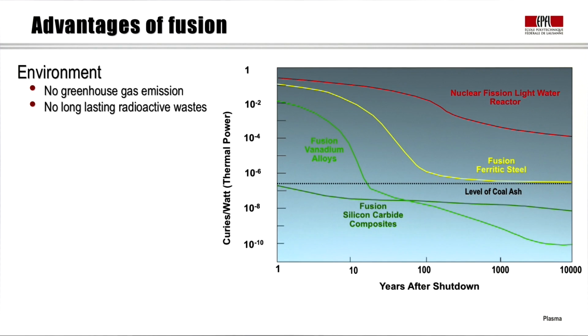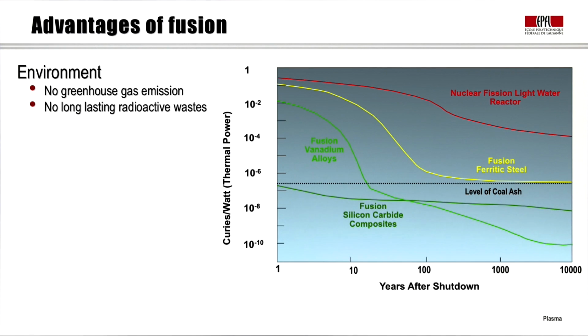In terms of the environmental impact, first of all, there's no greenhouse gas emission from fusion. There are no waste products, because the byproduct of the reaction is simply helium. There is no long-lasting radioactive waste. Even the activation of the reactor itself is a relatively minor problem.